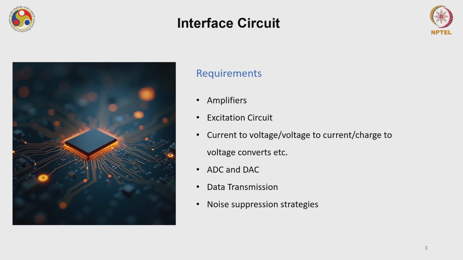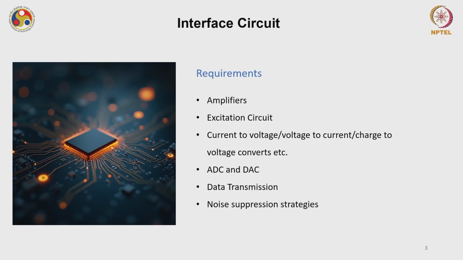The requirements are like this: we may need an amplifier to amplify the signal coming out of the sensor. To operate the sensor, for example if it is an active sensor, we may need an external power supply or some kind of signal conditioning, so we may need an excitation circuit for its operation.